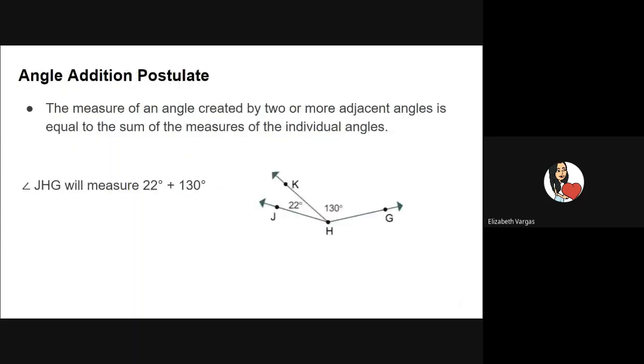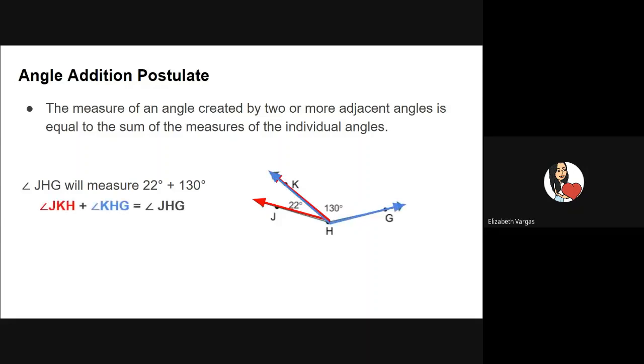Okay, now we looked at the segment addition postulate, but we also have something called the angle addition postulate. The angle addition postulate basically says that the measure of an angle created by 2 or more adjacent angles is equal to the sum of the measures of the individual angles. So basically, in order to find the entire angle JHK, we can add one angle to its adjacent angle.